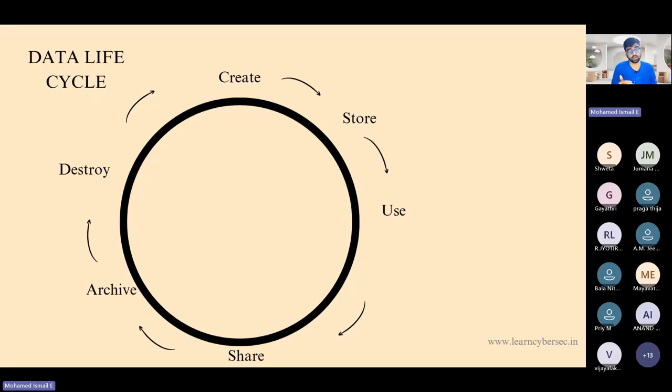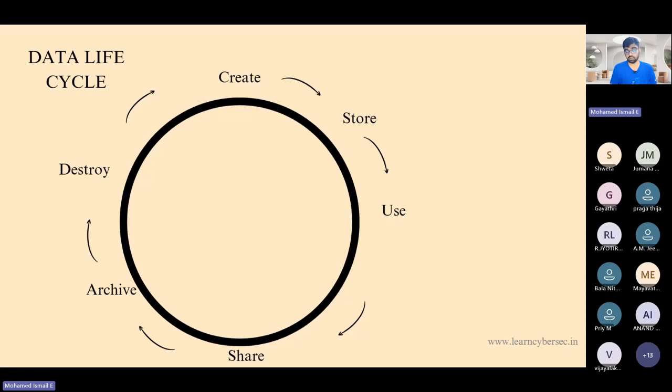That's where I like to say the data lifecycle never necessarily follows all the processes. It may skip some processes or some flow. For example, it may go from create to destroy directly, or create and share, done. I take a picture, I just share it with my friend, now I delete it.